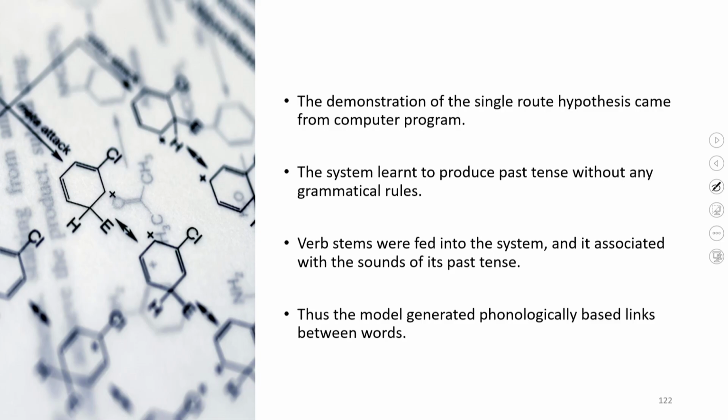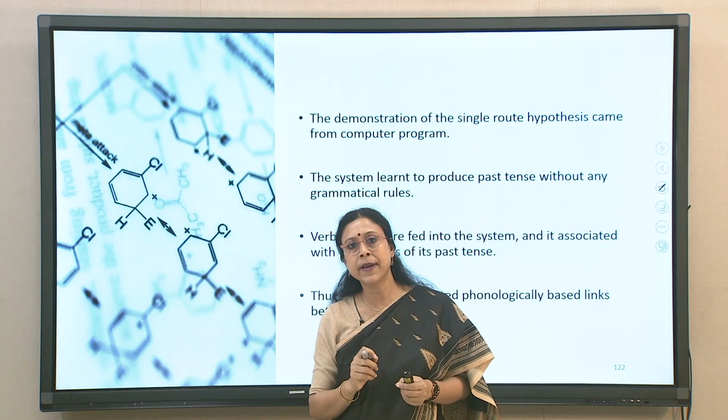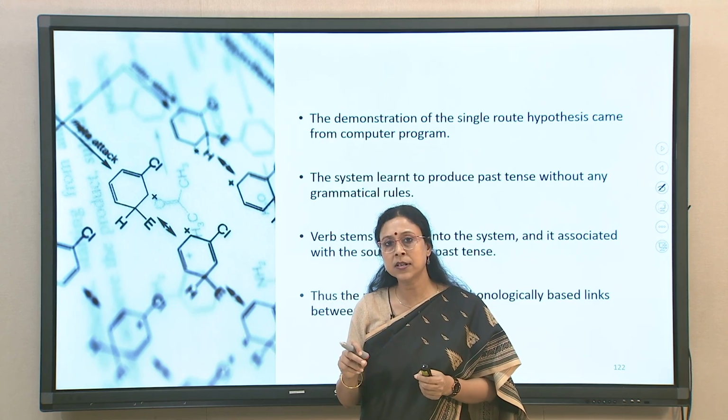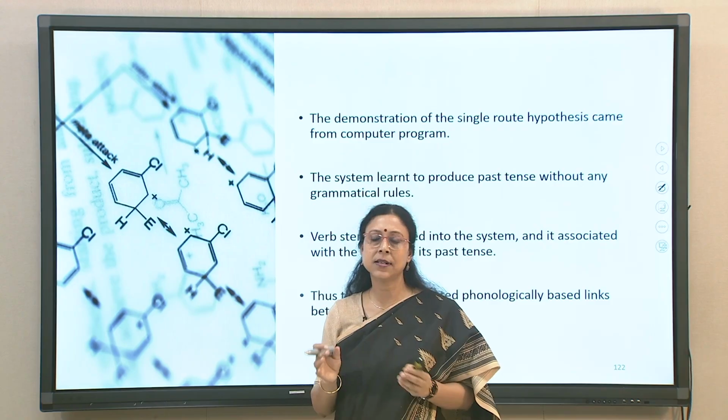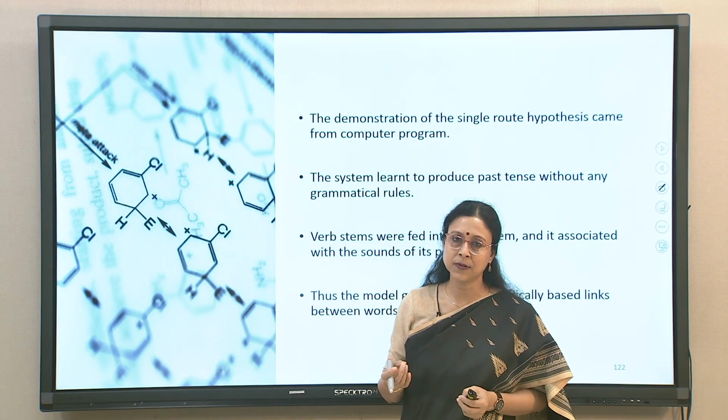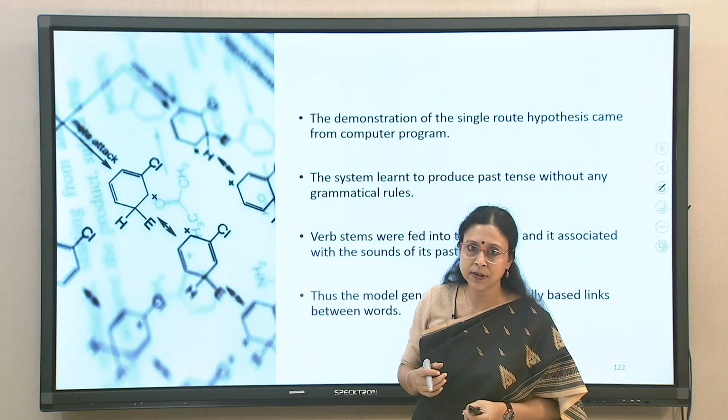Word stems were fed into the system and it associated them with the sounds of their past tense. Because this is a connectionist model, it is based on association of phonological form across words. Thereby the system figures out the past tense of whichever verb.